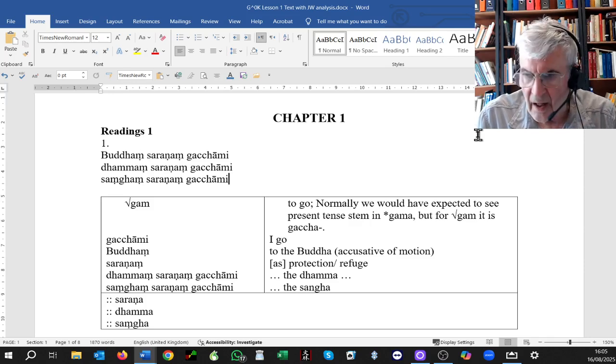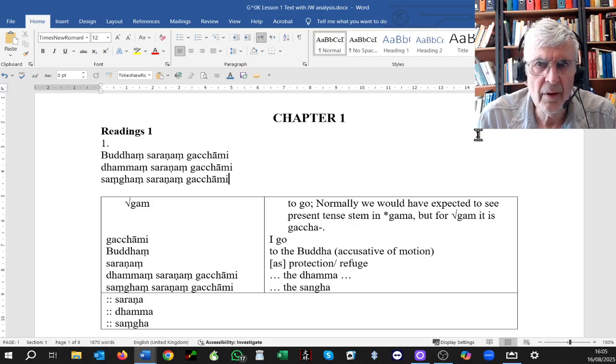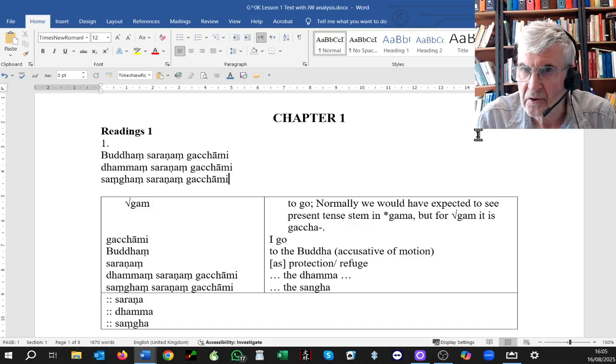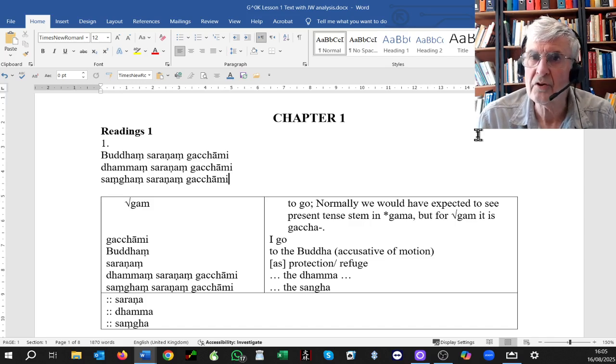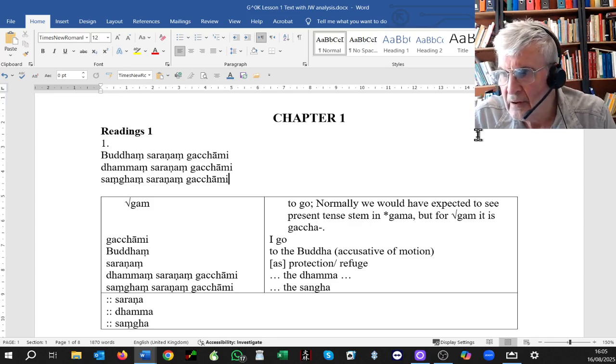Now, saranang, most commonly translated as refuge, but there is more to it than that. It has more the idea of protection and sheltering, but it can also be interpreted in the sense of one's armor, one's protection for going into battle, rather than running away from it.